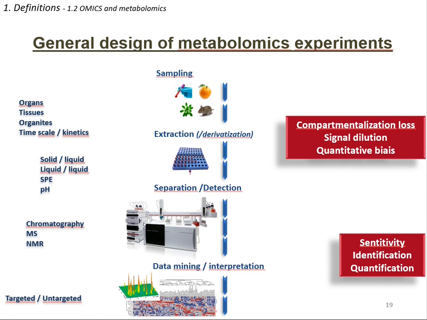You will have a dilution of the signal if you mix up different tissues with different concentration of the analyte. You have many sources of quantitative bias, and the expertise means that you know the main traps you can fall in during these steps.